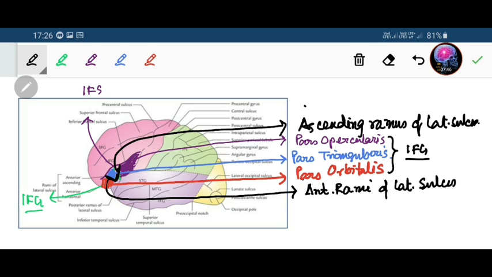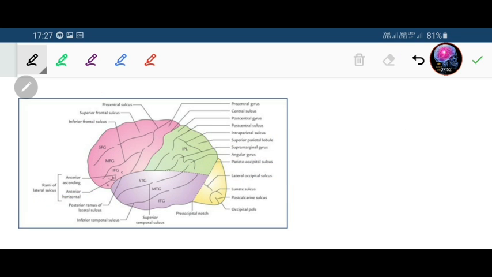Now if we take a look at the parietal lobe, we will see that the post central sulcus runs downward and forward. This is the post central sulcus.